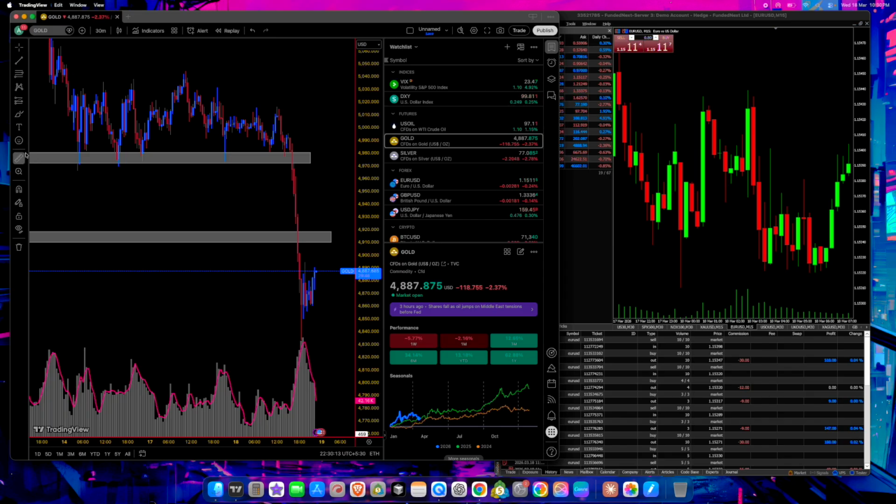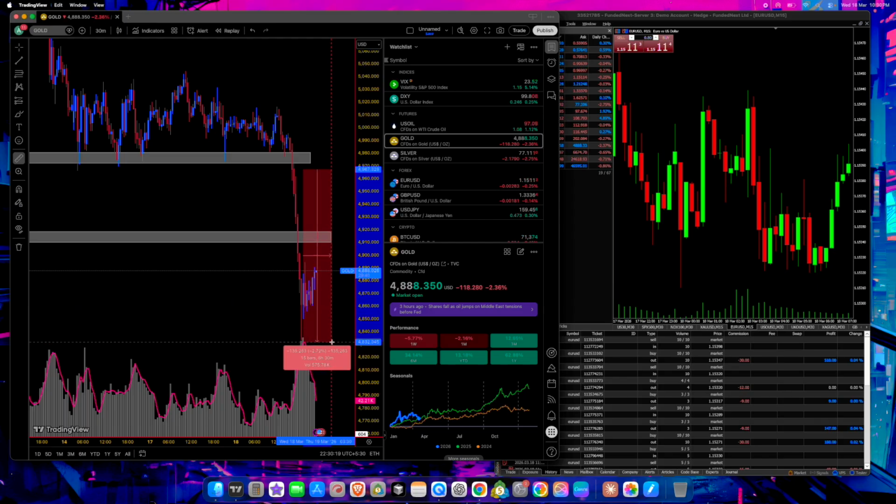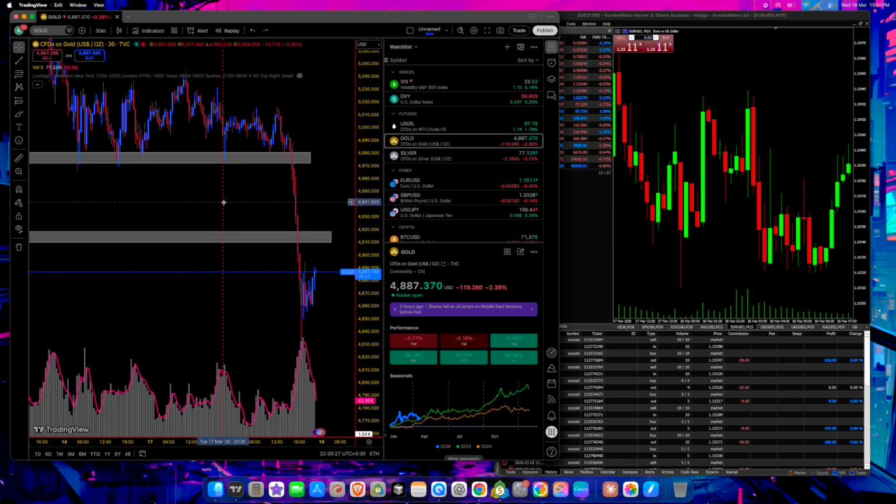After this breakout over here, gold gave around a 132 pip move after crashing and after giving that breakout towards the bearish direction.